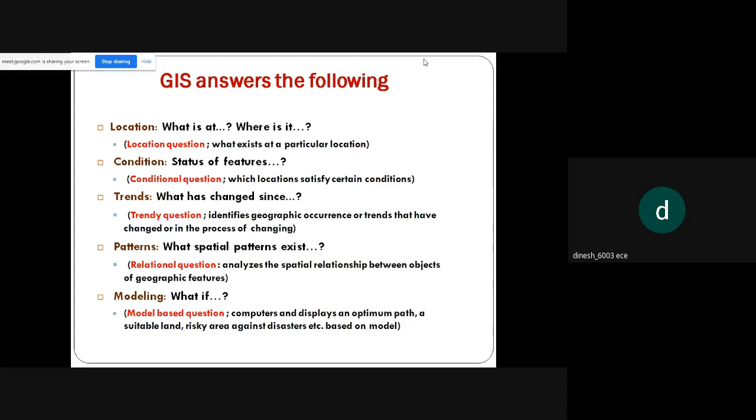Patterns: what spatial patterns exist, which analyzes the spatial relationship between objects or geographic features. Modeling is the what-if, where computers display an optimum path, a suitable land area or areas risky against disasters, etc. on a model, like how we search on Google Maps.